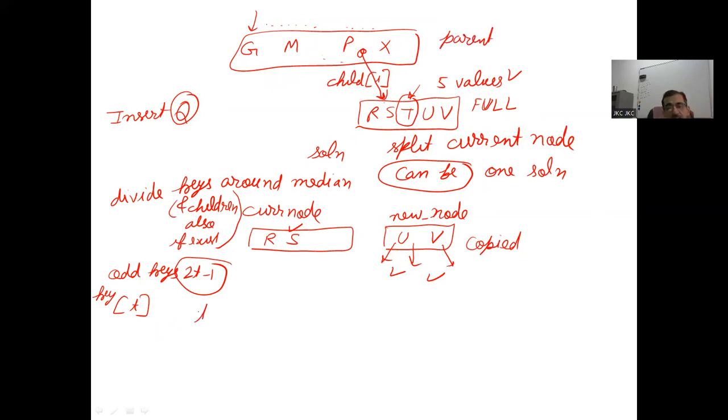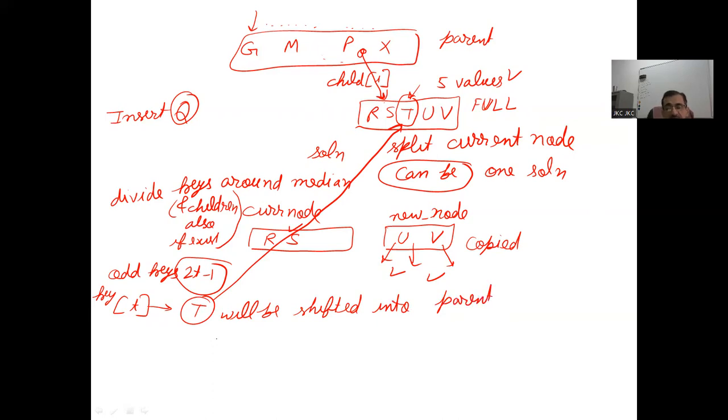I'll say value T, not exactly this T, but the value T which I have here at index key T. The same value will now be shifted into the root node, or into the parent.